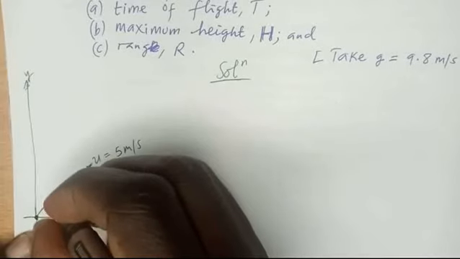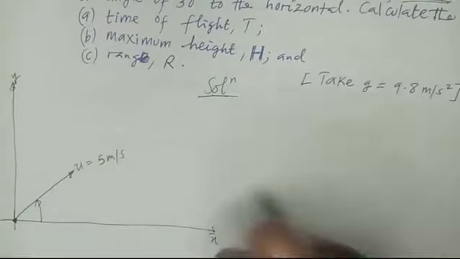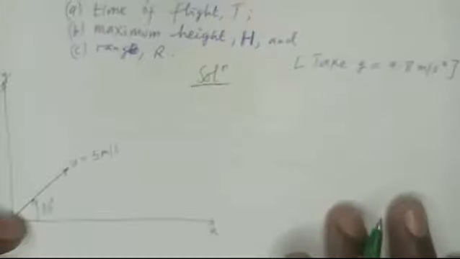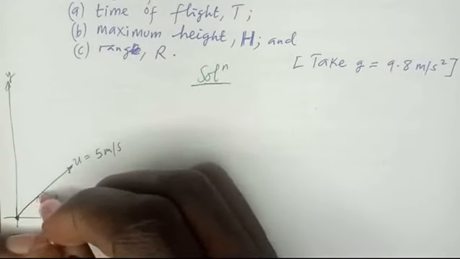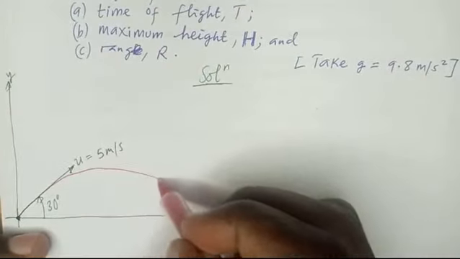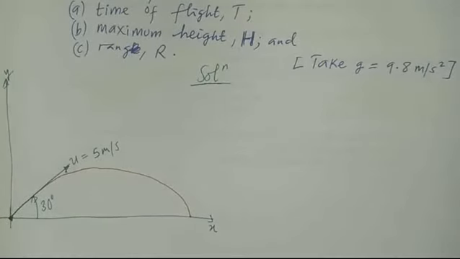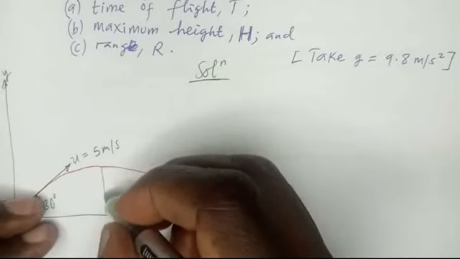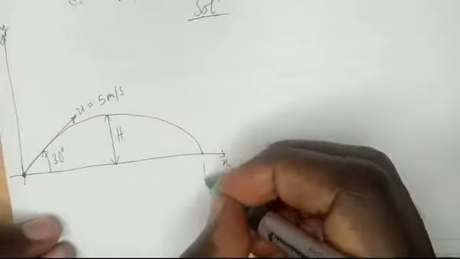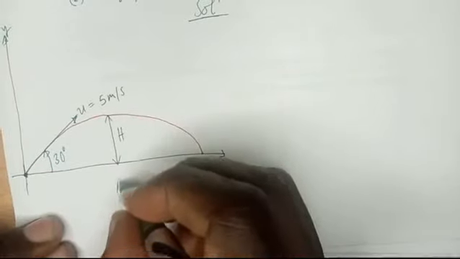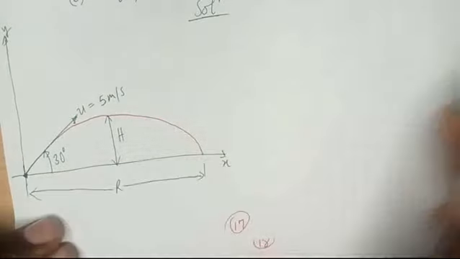It makes an angle of 30 degrees with the horizontal. Then the trajectory of the particle is here, all the way to here. From here we see that we have a maximum height here. This is our maximum height, and then the greatest horizontal distance is our range, capital R. This is our range.